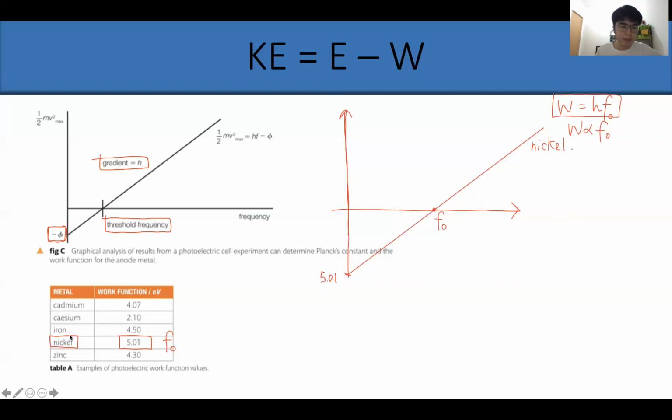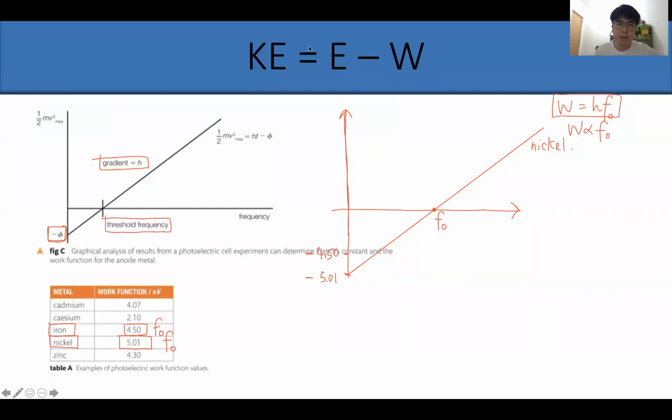Now let's say you want to plot iron, with a work function of 4.5. Somewhere here, 4.50. It's actually negative values, because you have the graph E minus W. So 4.5 means the threshold frequency is also smaller than nickel.